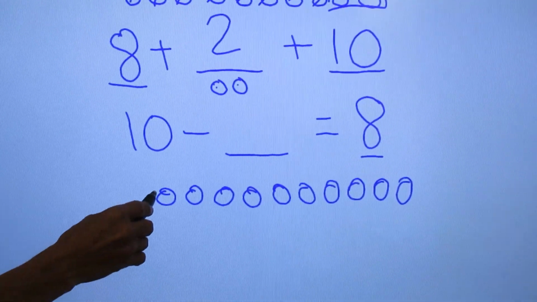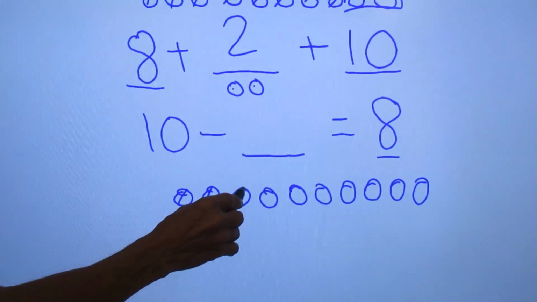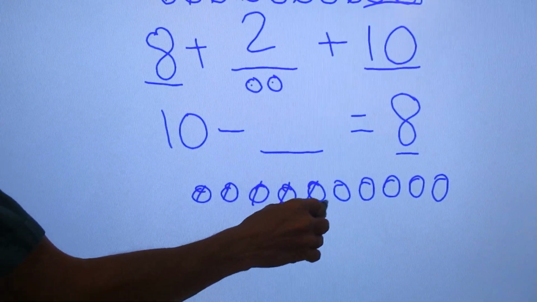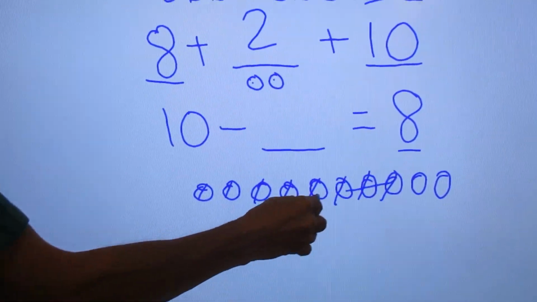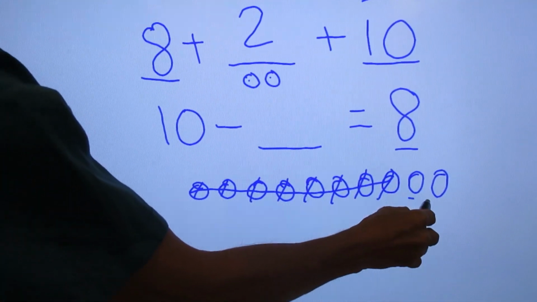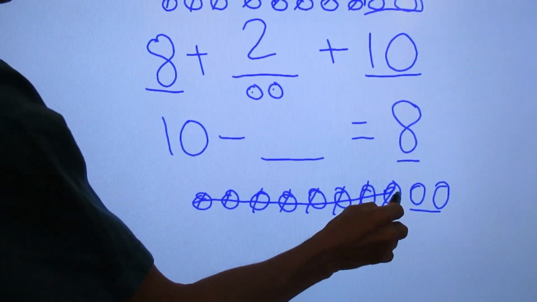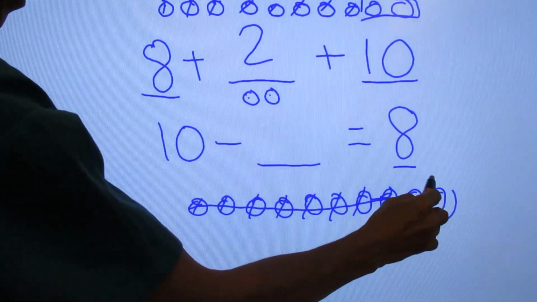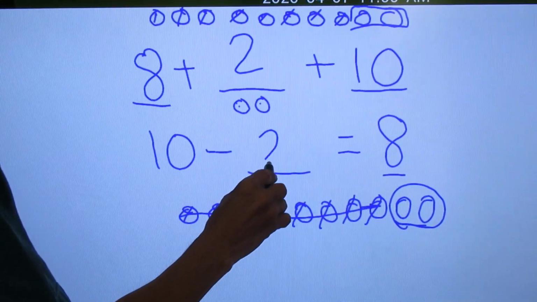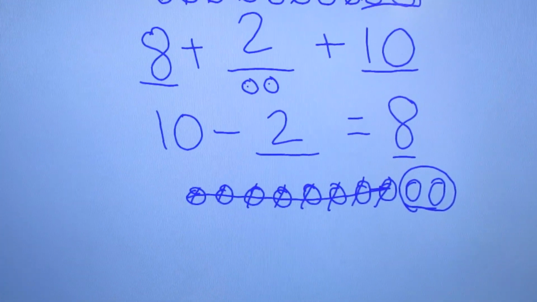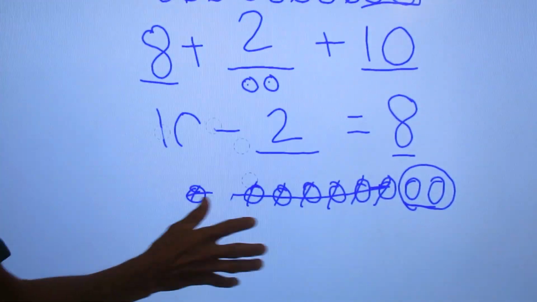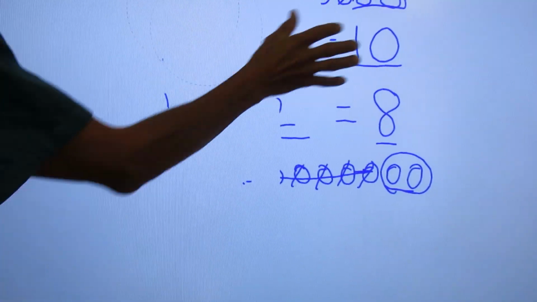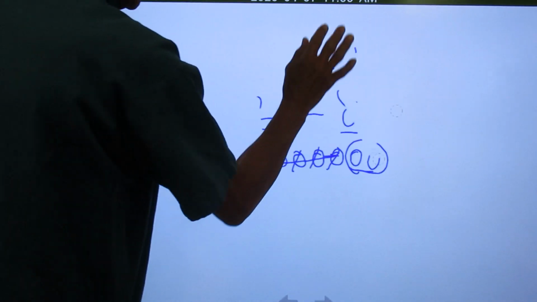So I count to 8. 1, 2, 3, 4, 5, 6, 7, 8. If I want to have 8, how many do I have to take away? I have to take away 2. Okay? So you guys already know this, but here's a game that I want to invite you to come up with.